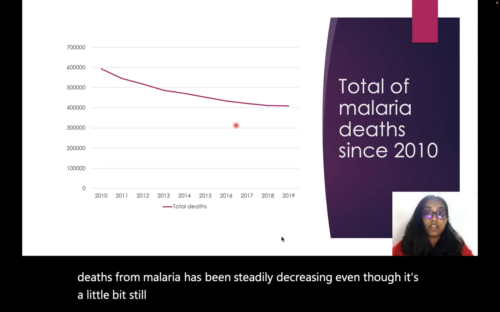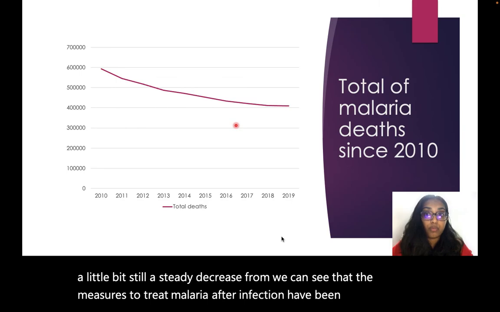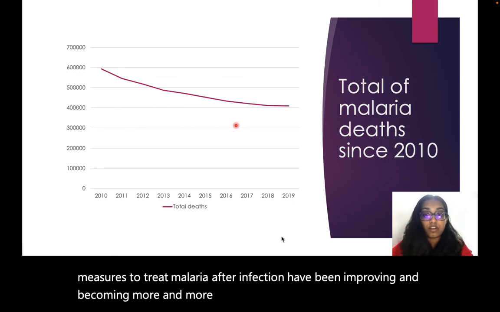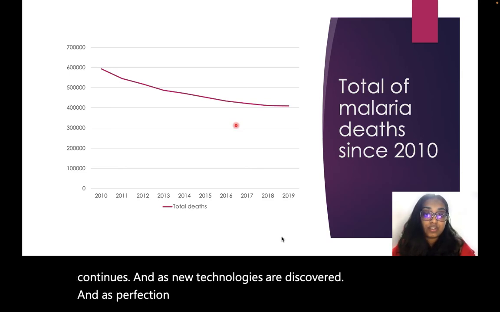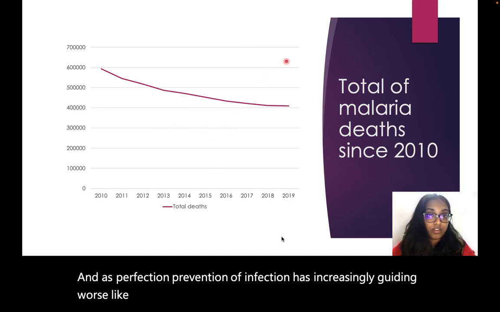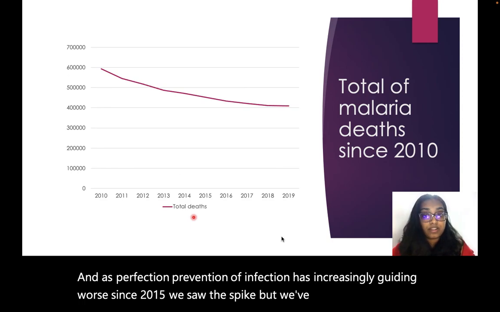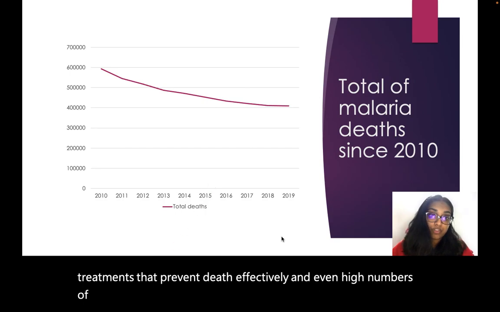From this we can see that the measures to treat malaria after infection have been improving and becoming more and more effective as time continues and as new technologies are discovered. And as prevention of infection has increasingly gotten worse, like since 2015 we saw the spike, we've developed treatments to prevent death effectively even in high numbers of cases, so there's hope for the future.